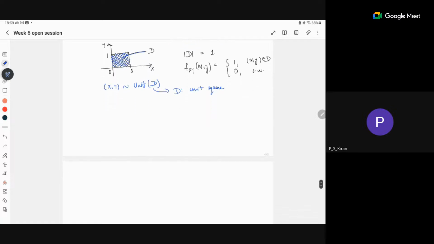Now, this was just a unit square, but in general D can be anything.